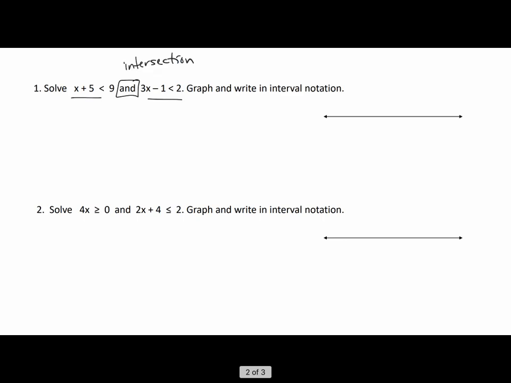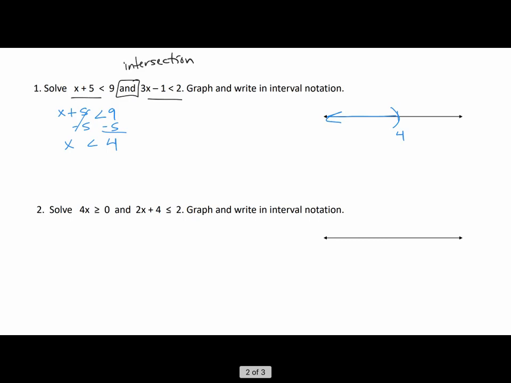So let's solve them. Let me solve the first one. X plus 5 is less than 9. I just need to subtract 5 from both sides so that x is less than 4. And if I were to graph that on the number line, I've got 4, everything less than that, not including.